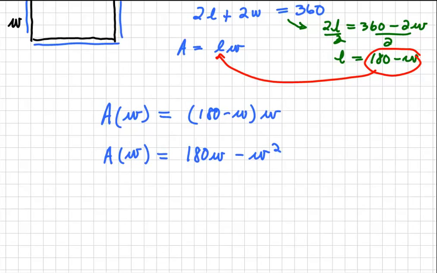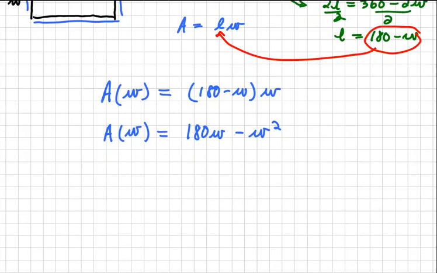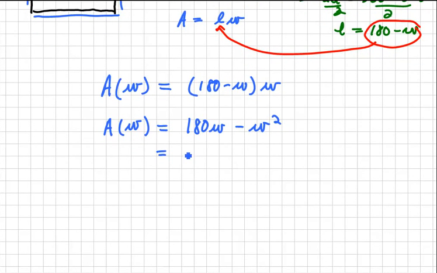So we can solve this graphically pretty easily. I wish I had set that up on my calculator so I didn't have to spend time doing that. But this is a parabola that opens down, and I'm going to rewrite it so minus W squared plus 180W.